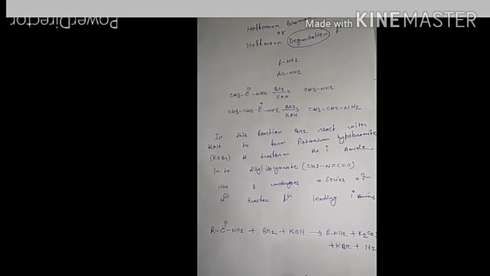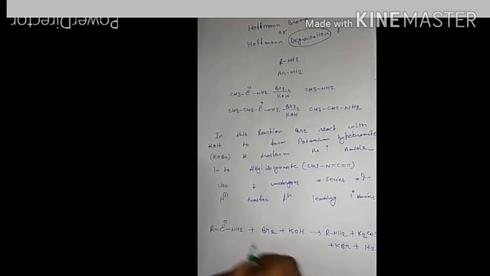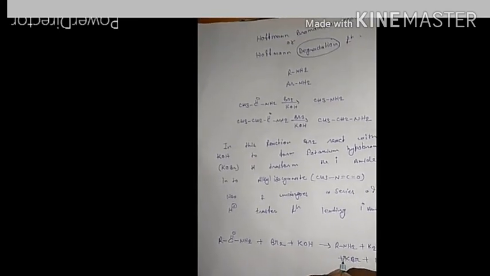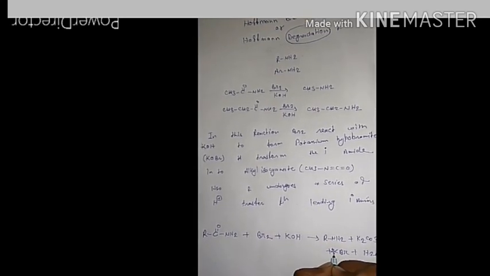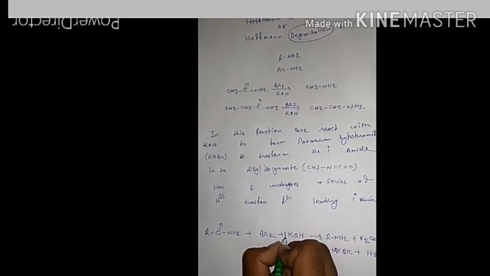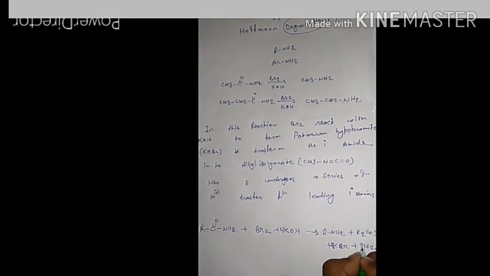Now we balance this equation. Here 2 bromine, 2, and 4 potassium. Here is the 4, here 2.